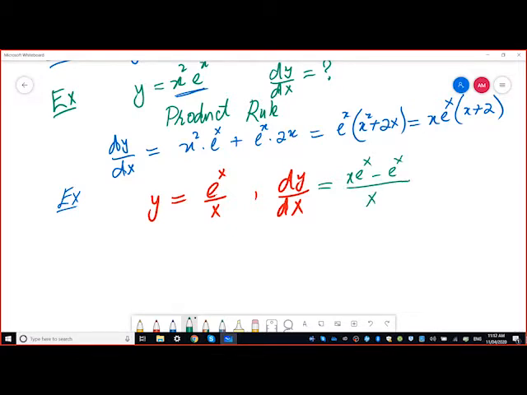So it's a division, the divide rule. Like the product rule, you take the derivative of the function in the numerator times the function in the denominator, minus the derivative of the function in the denominator times the function in the numerator, divided by the square of the function in the denominator.